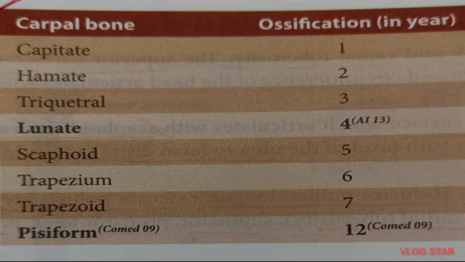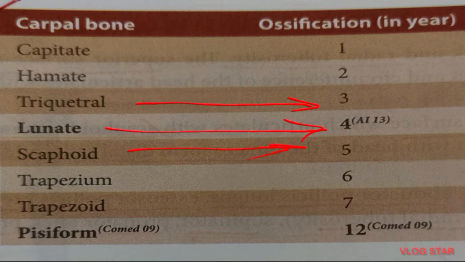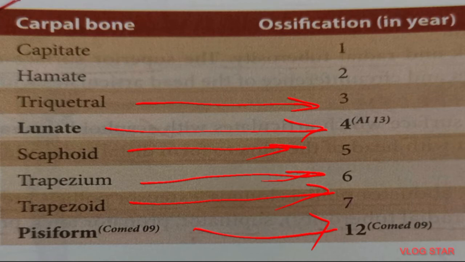Capitate ossifies in 1 year, hamate in 2 years, triquetral in 3 years, lunate in 4 years, scaphoid in 5 years, trapezium in 6 years, trapezoid in 7 years, and pisiform in 12 years. This is very important and should be learnt at your fingertips.